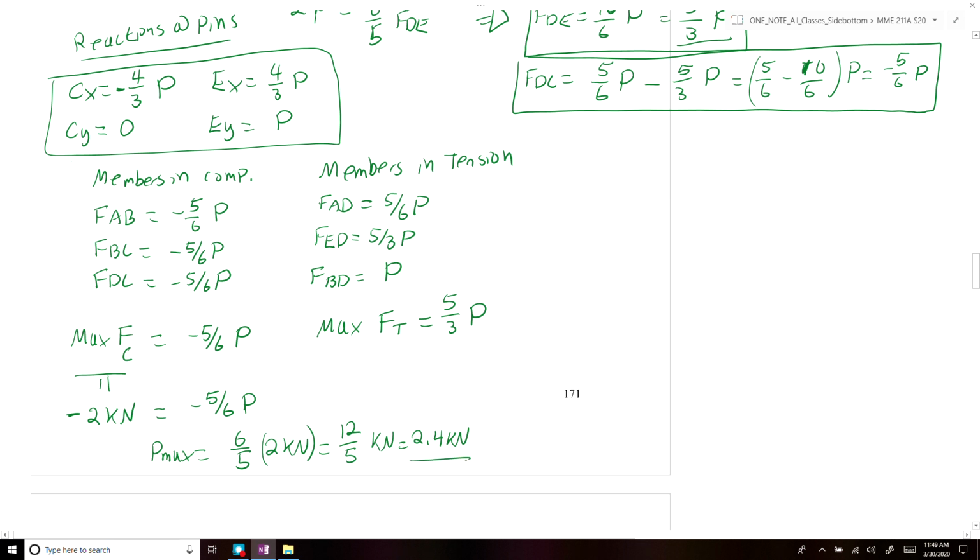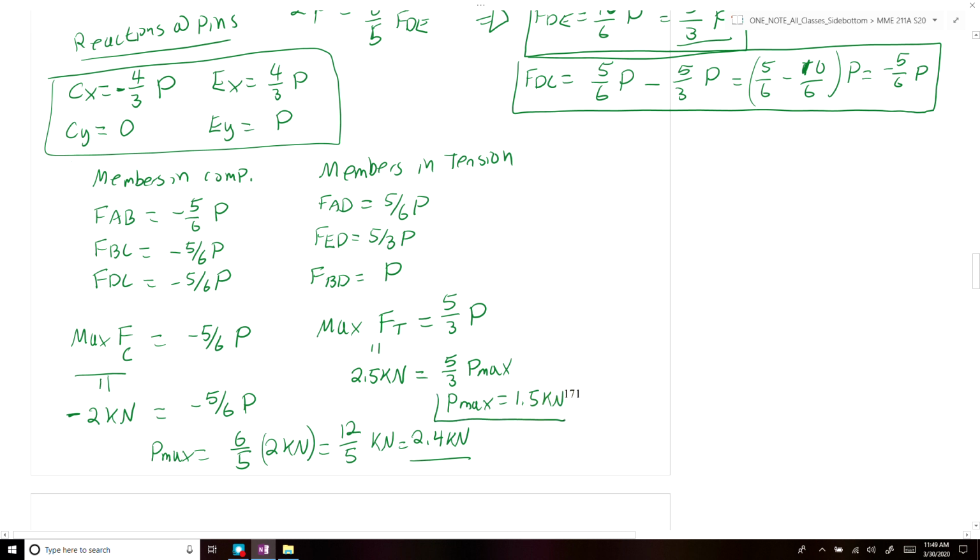Then you had to repeat the same process using the maximum allowable tension force, which was given to us as 2.5 kilonewtons, and solve for P. The maximum force now, if we solve for P, would be equal to 1.5 kilonewtons.